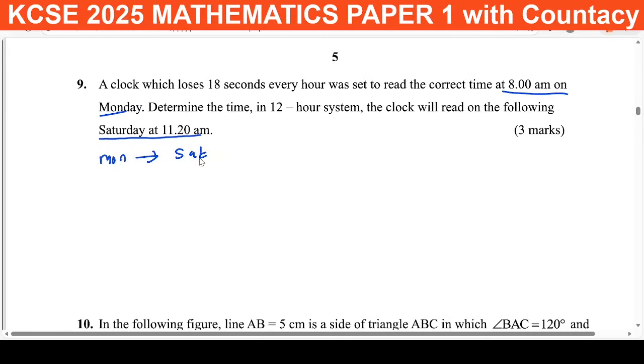So from Monday to Saturday, how many days are those? So we have the first day being Monday to Tuesday to Wednesday to Thursday to Friday and finally to Saturday. So those are 5 days.